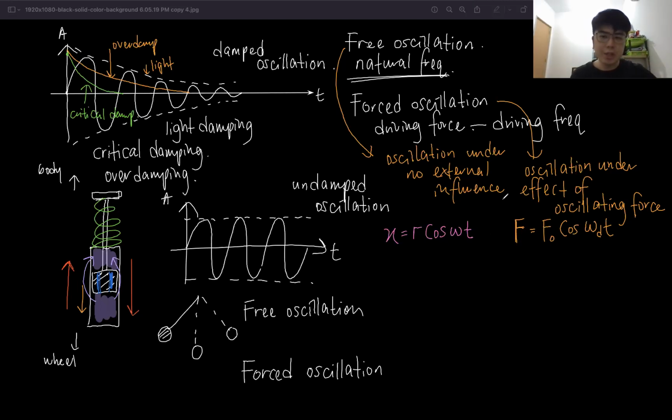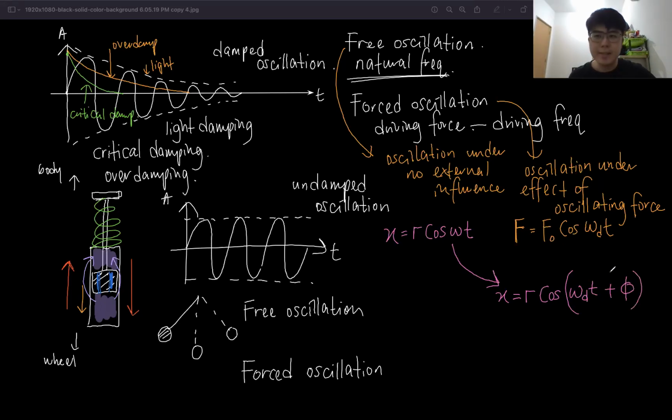And for forced oscillation, because I am applying a force to vibrate it, this becomes x equals R cos. R is still the maximum amplitude, and the omega becomes the driving frequency times time, and then we add this angle.